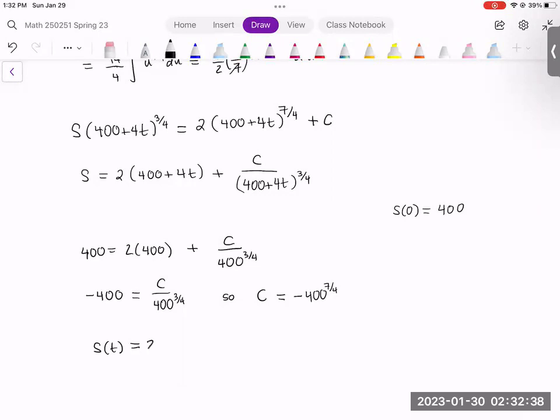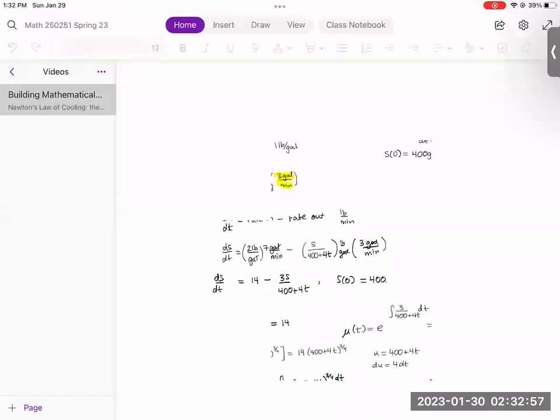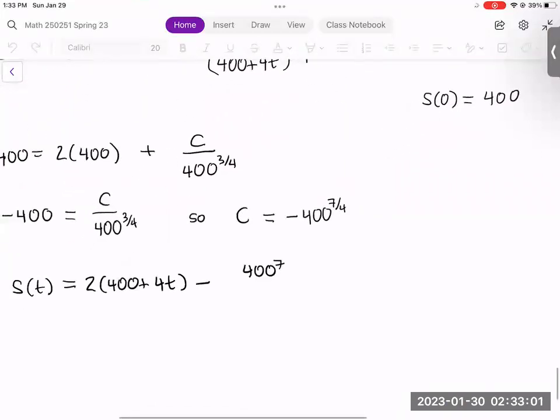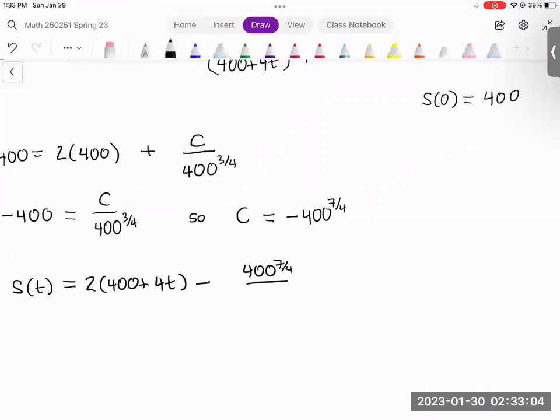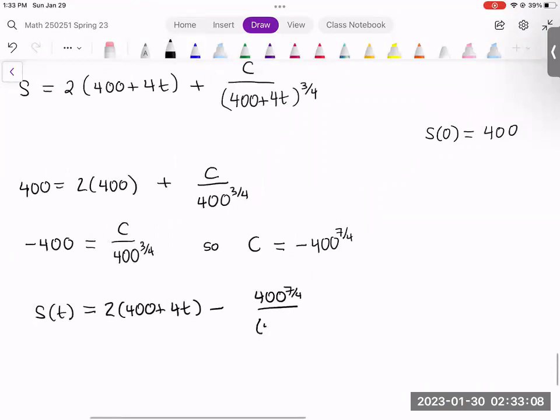So 2 times (400 plus 4t) minus 400 to the 7/4, all over (400 plus 4t) to the 3/4.